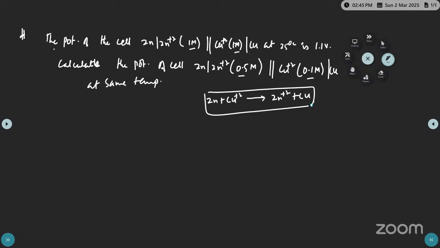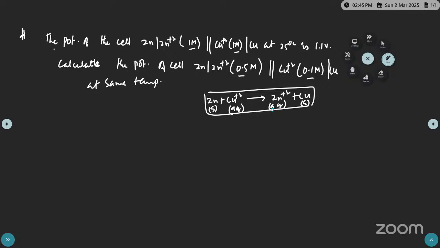For Daniel cell, this is the Daniel cell, and the net reaction of Daniel cell is like this. So in this, zinc is solid, right? and copper is solid, right? And Cu+2 means it is an aqueous solution, and ఇక్కడ కూడా ఇది aqueous solution.